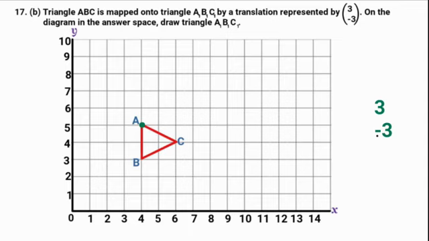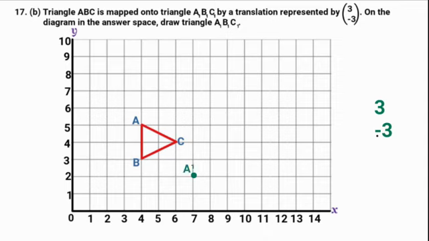So it moves 1, 2, 3 to the right. Now it will start going 3 steps downwards: 1, 2, 3. This is the point where it has reached. It has moved 3 steps right and 3 steps downwards, so we call this point A1.